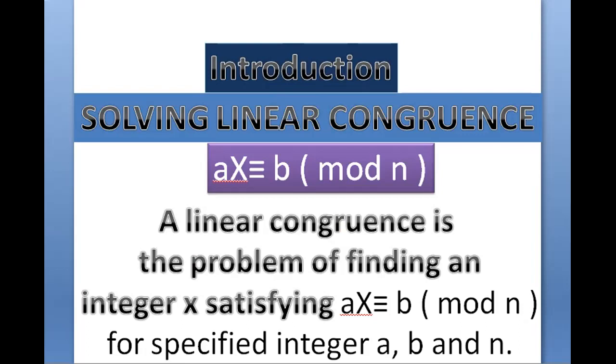It is important to know that if x0 is a solution for a linear congruence, then all integers xi such that xi ≡ x0 (mod m) are solutions of the linear congruence.